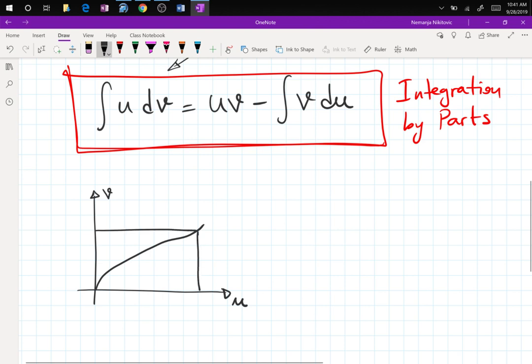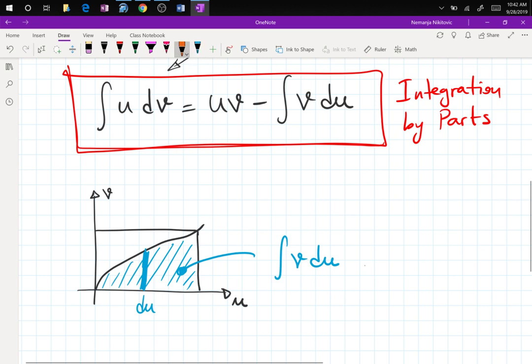So I am going to have the blue area, and I'll draw the representative rectangle. Since this is a u-axis, this is going to be a du. And this integral here would be integral of v du, because your v is now acting as a function y, so your integrating function, which is f of x in this case, is v.